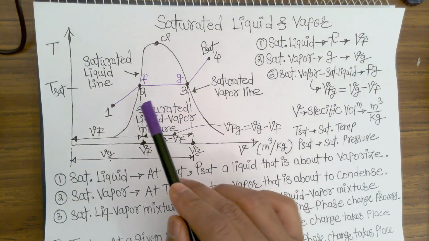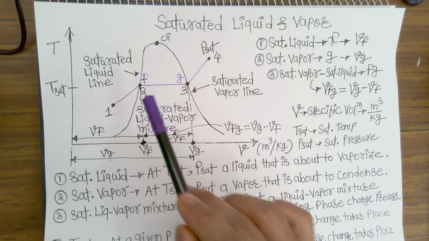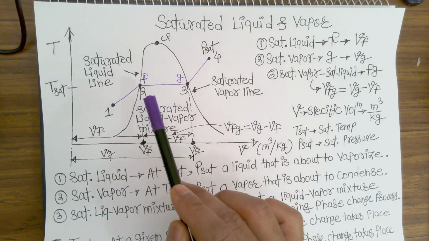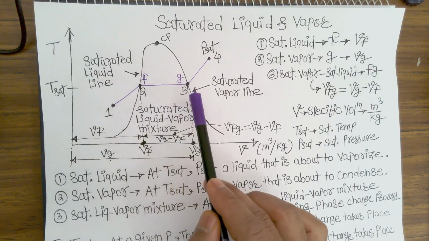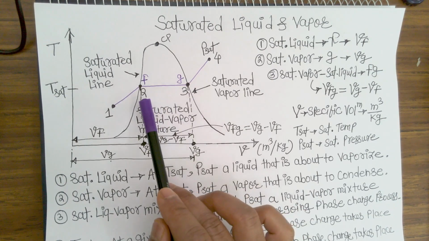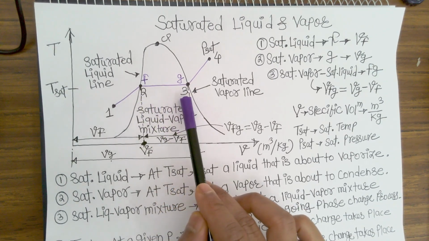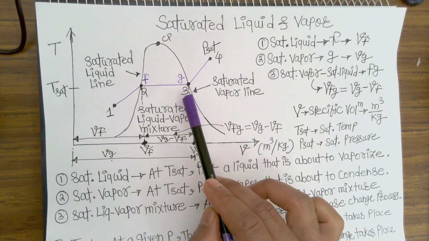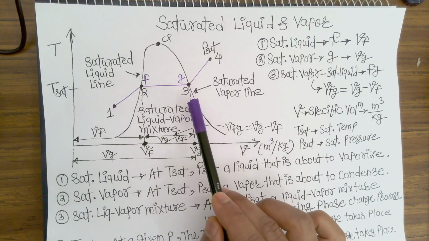Let's say we add some heat to this saturated liquid which is at point 2. So that will start the phase change process from liquid to vapor. So from point 2 to 3, the liquid is getting converted into vapor. And at point 3, that liquid becomes 100% vapor.